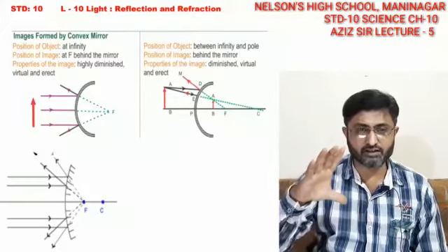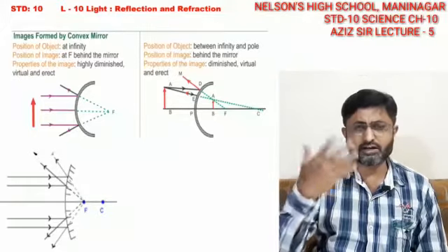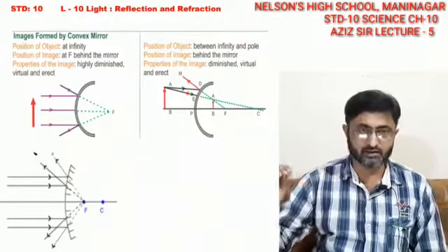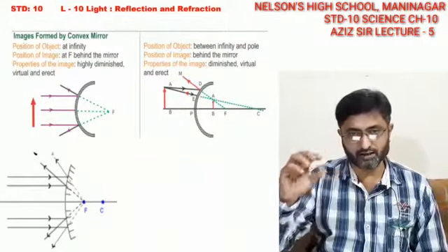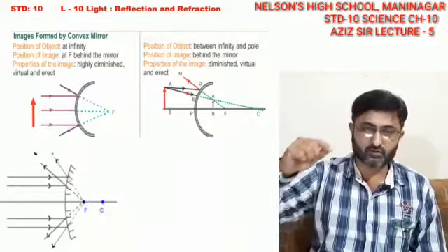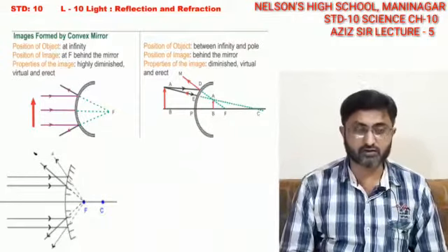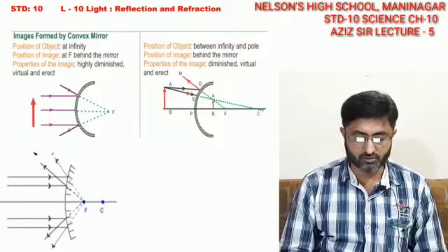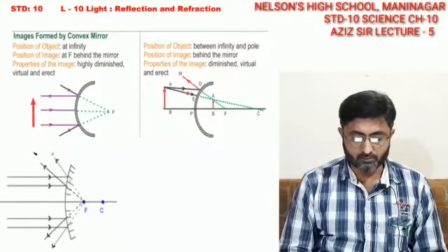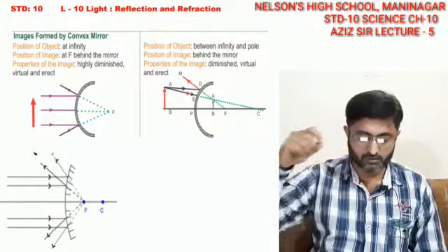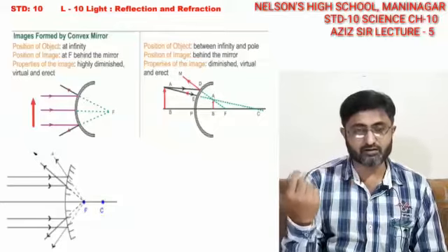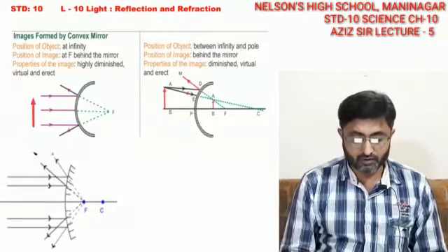In diverging, the rays are not indefinitely diverged; they are diverged according to the focus that is on the back side. If all the rays are extended backward as dotted lines, you see they are concentrated on the focus point. This is how you need to draw an object placed at infinity. The image will not be formed in front but behind the mirror, which means it will be virtual.